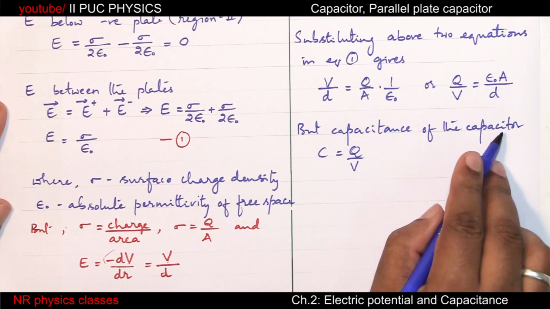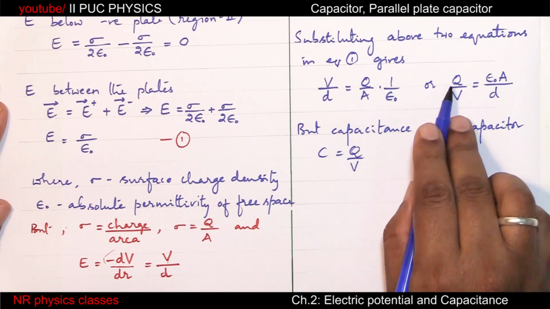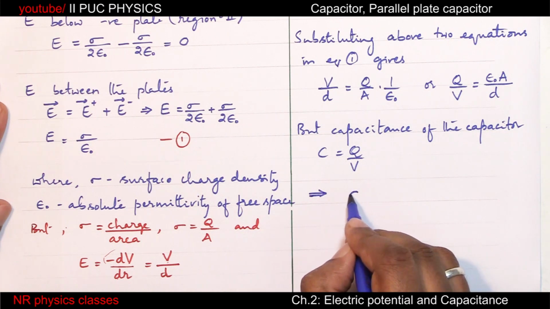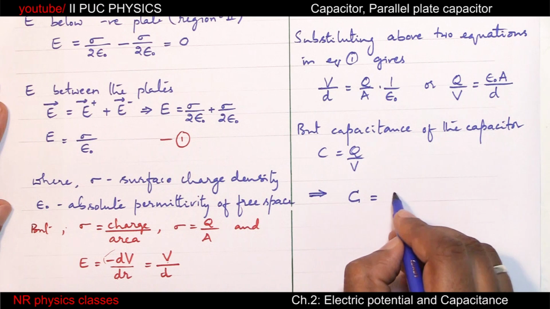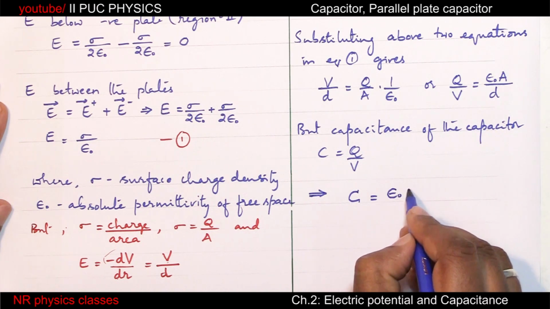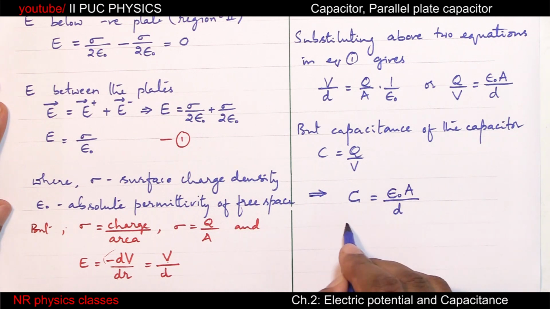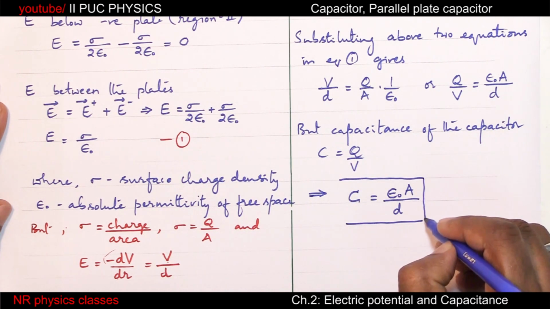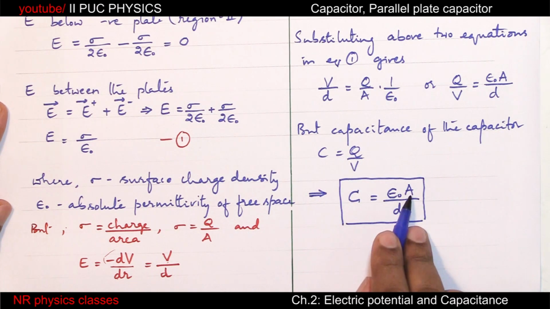But capacitance of the capacitor is C equal to Q by V. Here is Q by V, which implies the capacitance of a parallel plate capacitor is equal to epsilon naught A by d. So this is the capacitance of a parallel plate capacitor. This capacitance depends on the area of each plate.